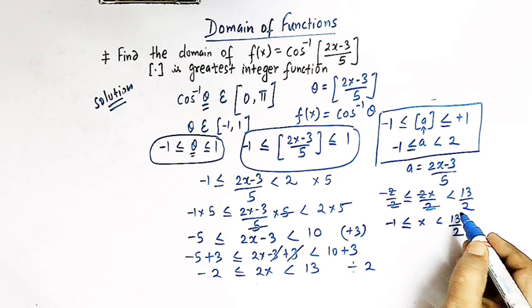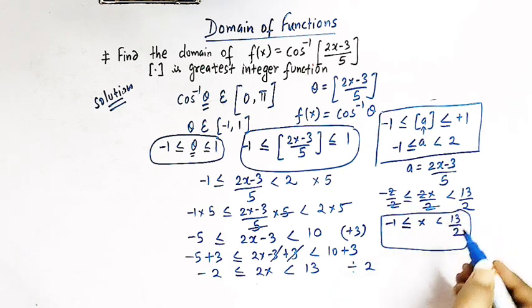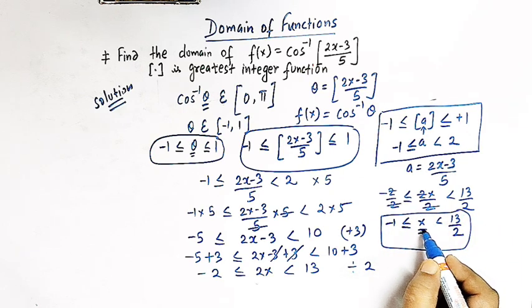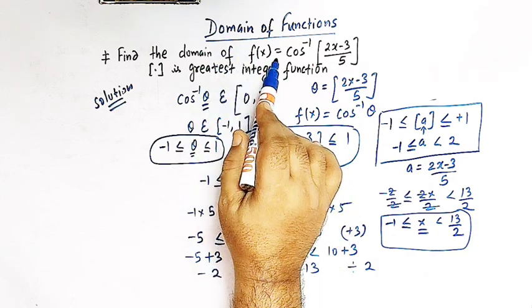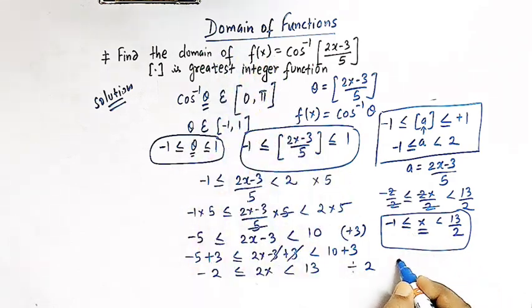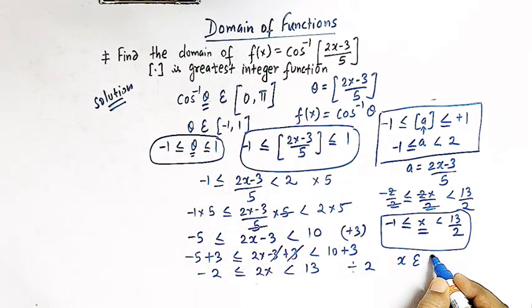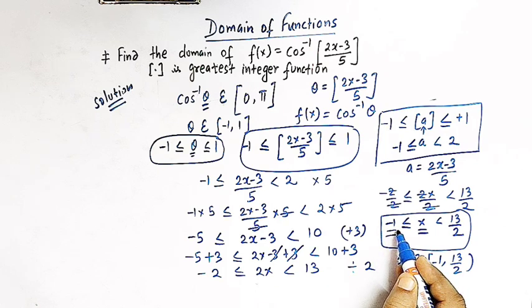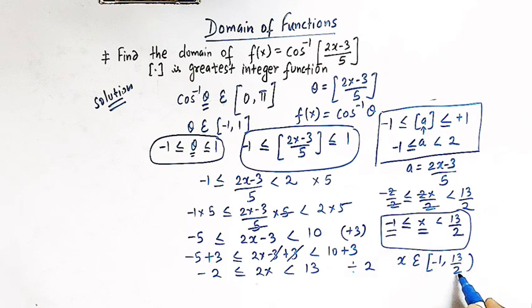So now we can see that our x, which constitutes the domain of this function, belongs to the interval from minus 1 to 13 over 2. And remember, here minus 1 is included, while 13 over 2 is not included.